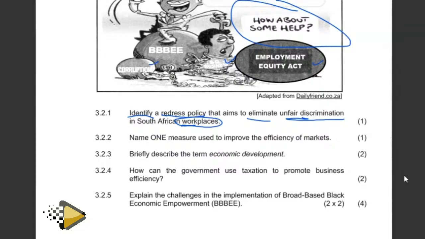So now the question reads, identify a redress policy that aims to get rid of or to eliminate unfair discrimination in the South African workplace. So now, if you still remember, when we talk of discrimination, it means that different sets of individuals at the workplace are not treated in the same manner, or they are not treated equally.